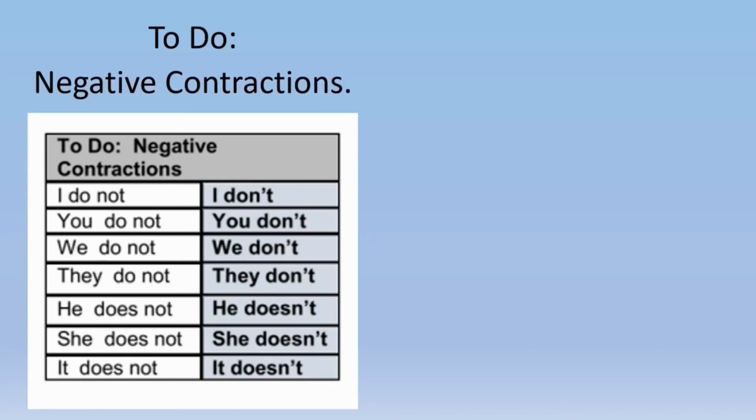You don't. We do not. We don't. They do not. They don't. He does not. He doesn't. She does not. She doesn't. It does not. It doesn't.